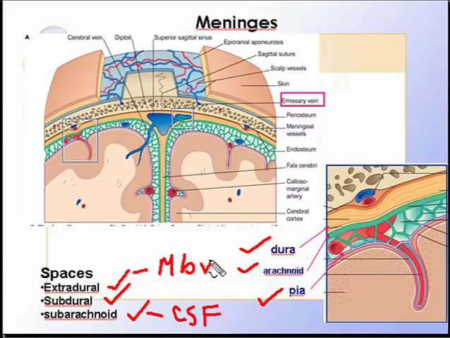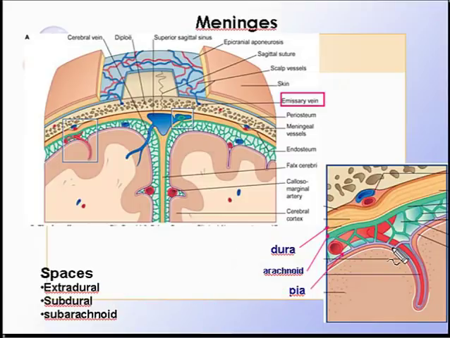Now if you look at this image up here, you will notice that there is this vein, which is a blood vessel present in the subarachnoid space. So in the subarachnoid space, apart from CSF, you also have major blood vessels which supply the brain. These major blood vessels are known as cerebral blood vessels because they supply the brain.